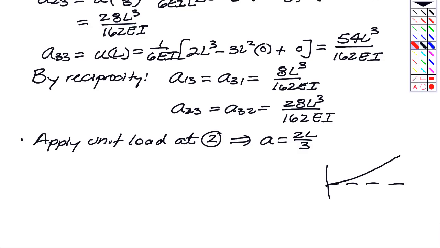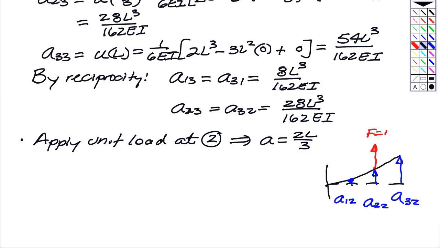Where the force is applied here at 2L over 3. The deflection right underneath the load, that's going to be A22. The deflection out here on the end will be equal to A32. And the deflection at 1 is, by the name we've given it before, that's A12.